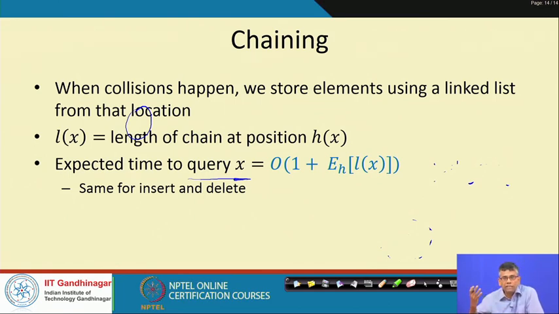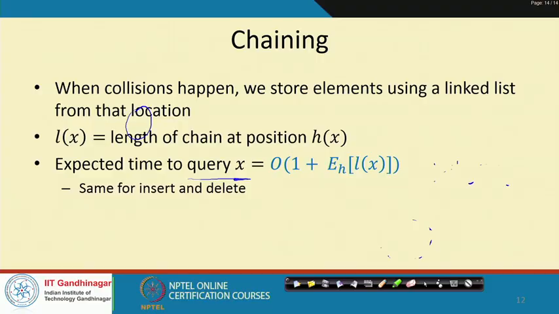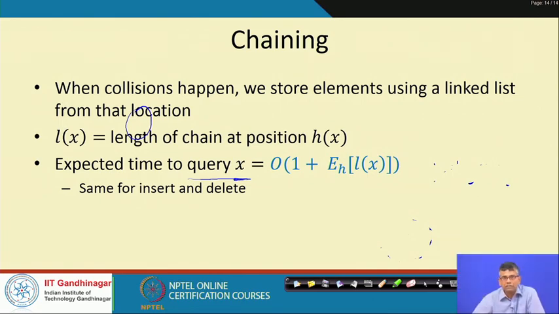First you have to calculate the value h of x for the element x, and that is going to take order 1 time. After that you have to go over the entire linked list L of x trying to find this element x, so the time taken for that is linear in L of x. Because we are taking expectation with respect to the hash function h, the expected query time for the element x is order 1 plus the expectation over h of L of x.